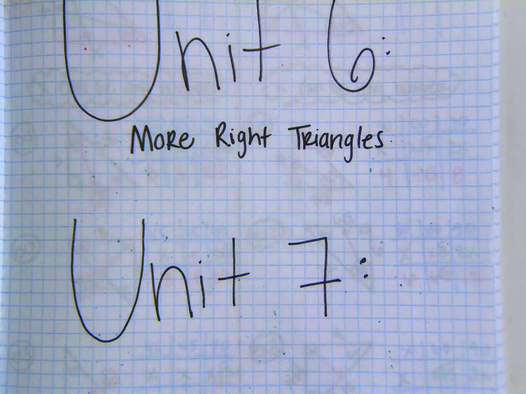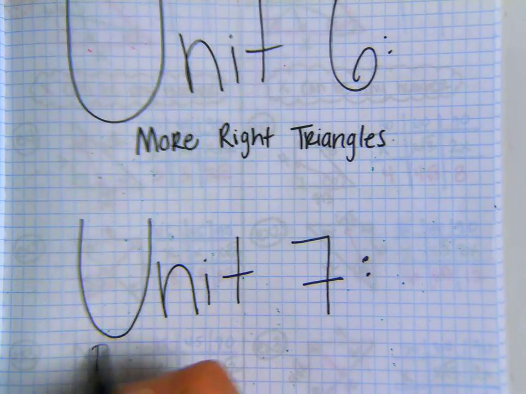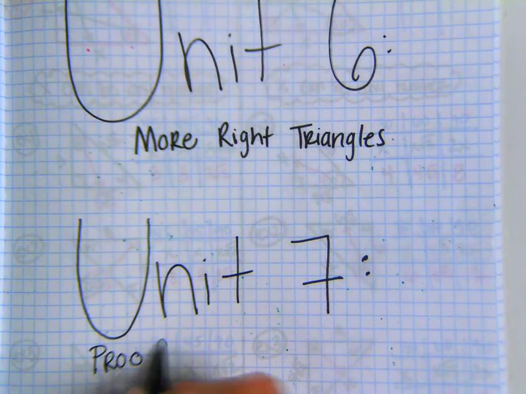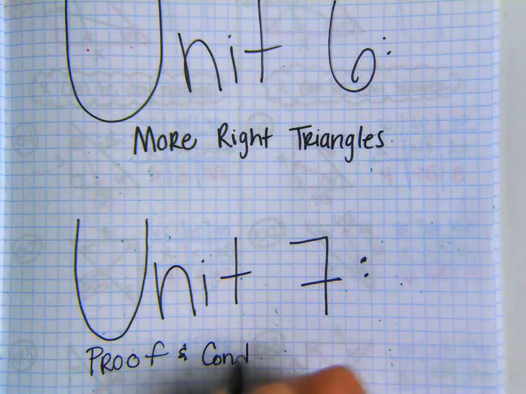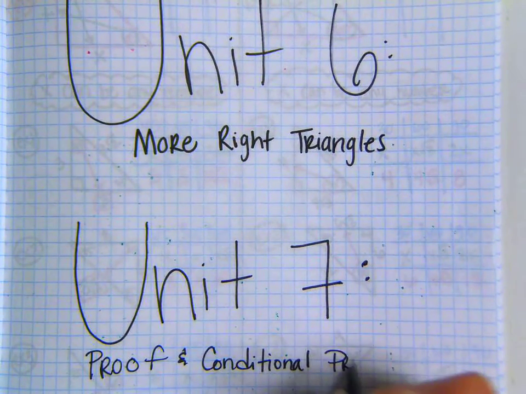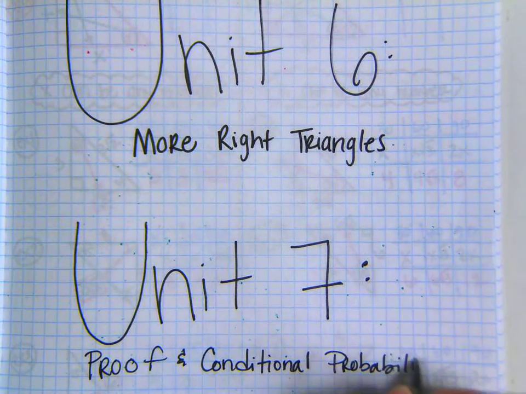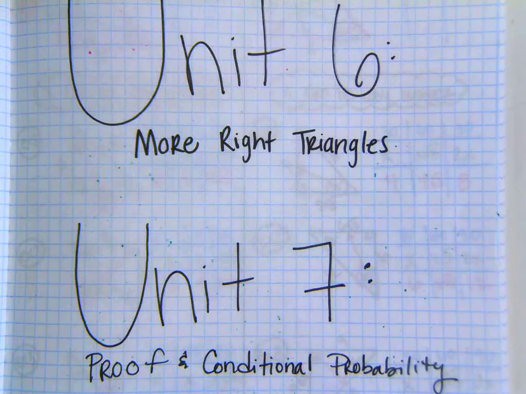So Unit 7 is proof and conditional probability. So I'm going to write proof. So put that just on the same page as Unit 6. That way our notes stay organized.